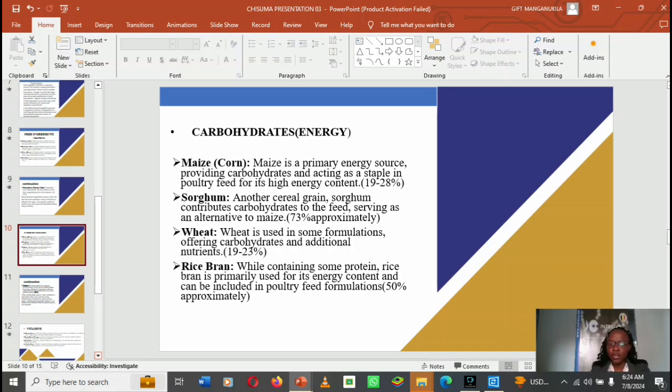When you talk of rice bran, it has about 50% approximately. How much of it do we have? If you have a lot of it, yes, it can also be used in your formulation. So all these are what you can choose from. It's not only how much of it, but there are many more others that I had mentioned that you need to put into consideration even as you're going to do your selection.